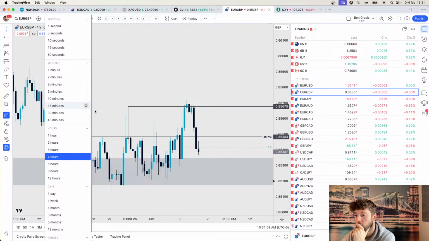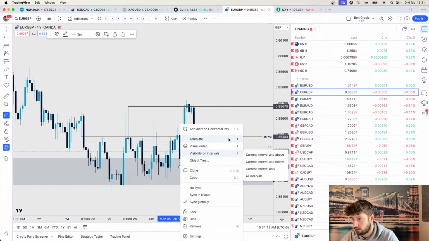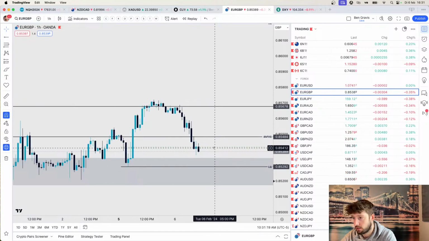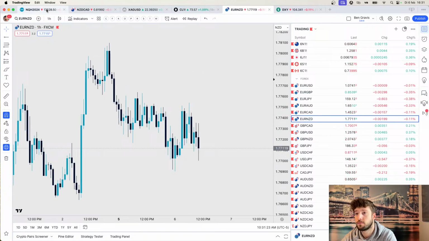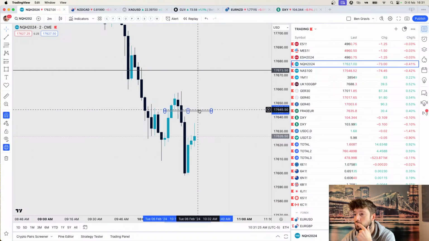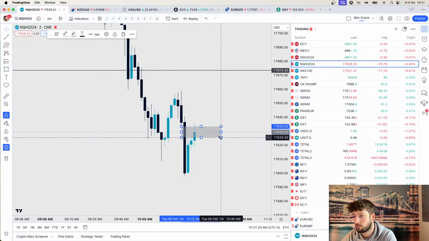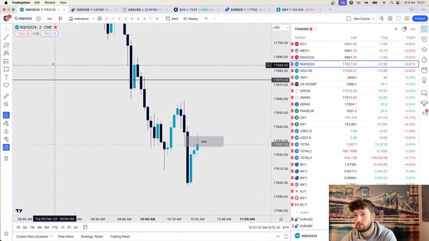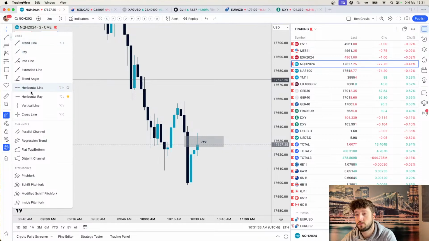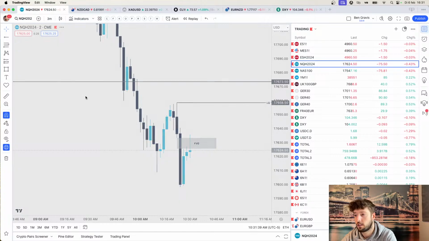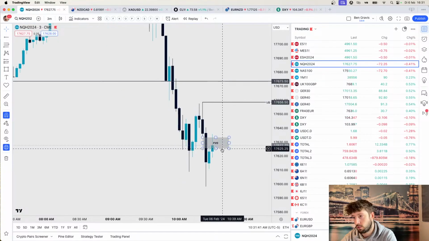So here I'm looking for a bit lower to tap or to take out this low and then for a potential bounce. Not that interested now. So NQ here on the 3-minute.